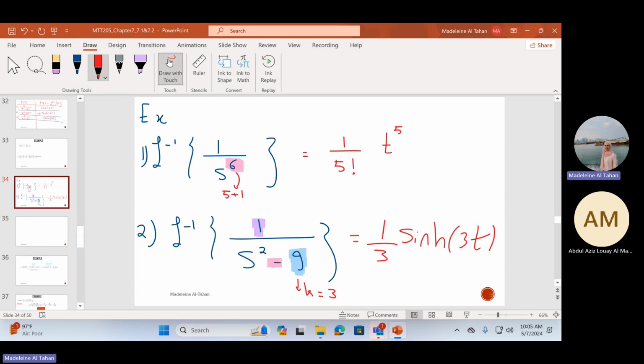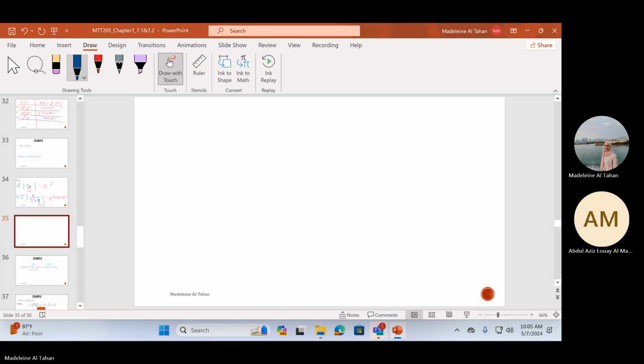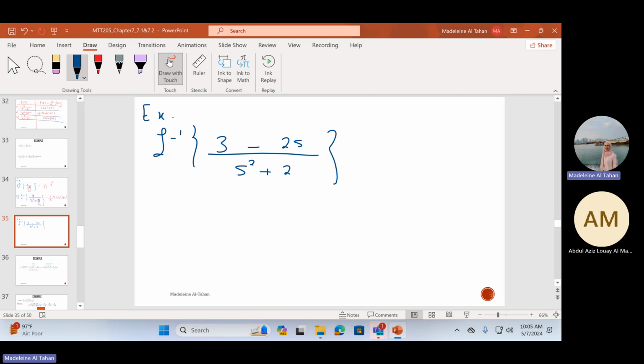Any questions? If you think about this one, which formula we should apply?